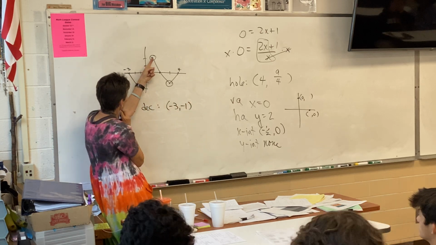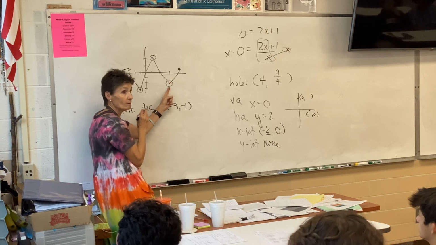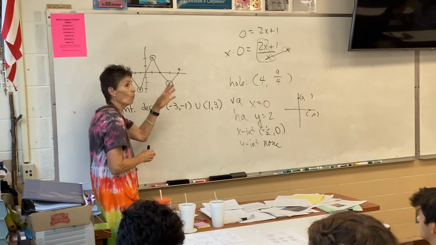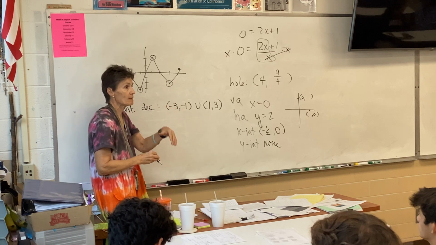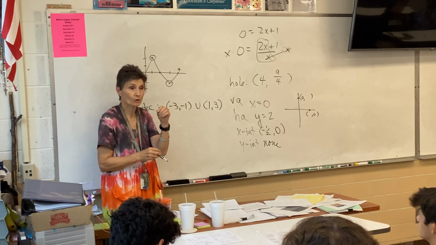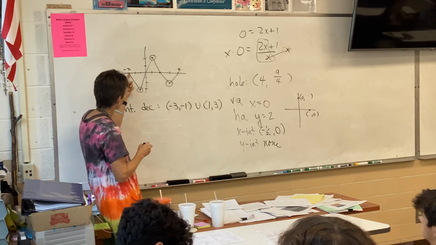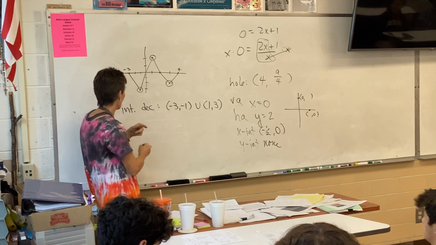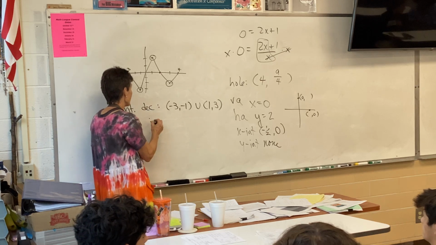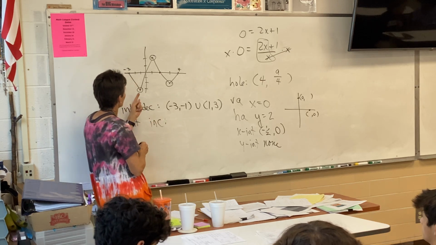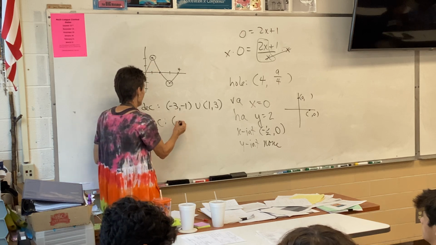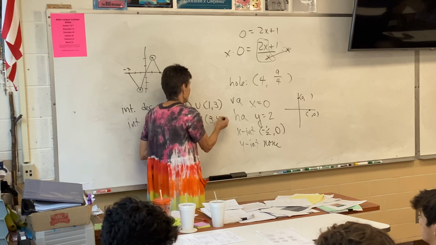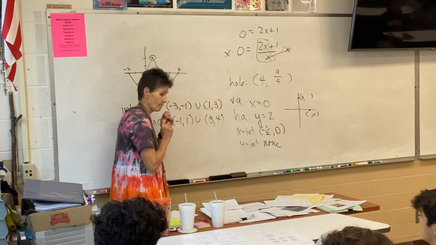And 1 to 3. Decreasing means when you draw over it, you're going down. So you're going down here and you're going down here. Now, where are the intervals where we are increasing? -1 to 1 and from 3 to 4. Perfect, beautifully done.